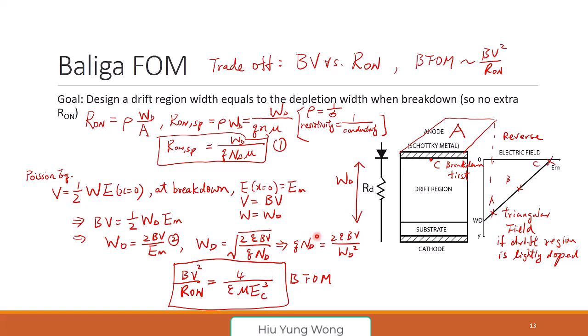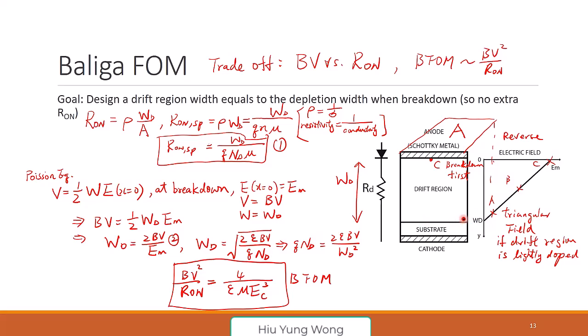fundamental parameter. We say this is triangular, so the voltage across it is half the width times the peak electric field, right? And we also want to make it so that when it breaks down, this depletion width just touches the end. Why is that?